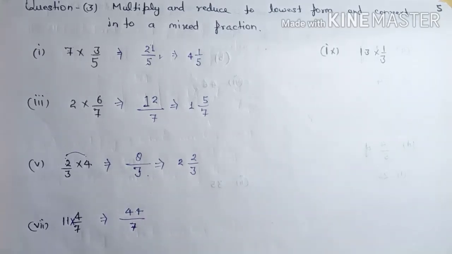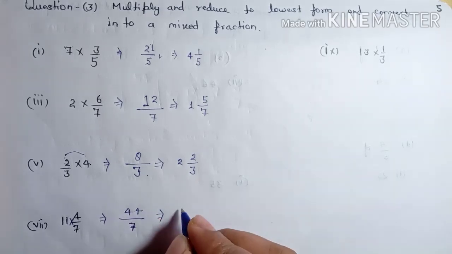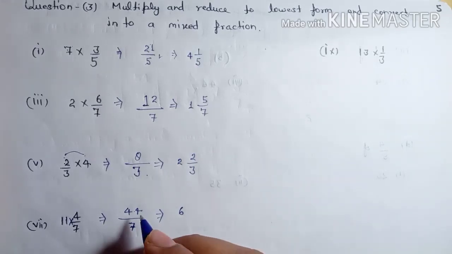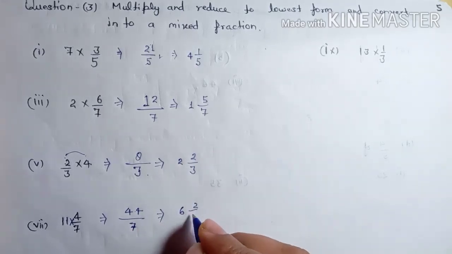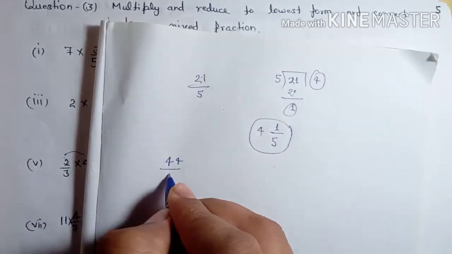Now check, is there any number which can divide both the numbers? If yes, divide, otherwise no. So 7 5s are 35, 7 6s are 42. So this is 6 and remainder is 2 upon 7. Check it in your copy. We have 44 upon 7.